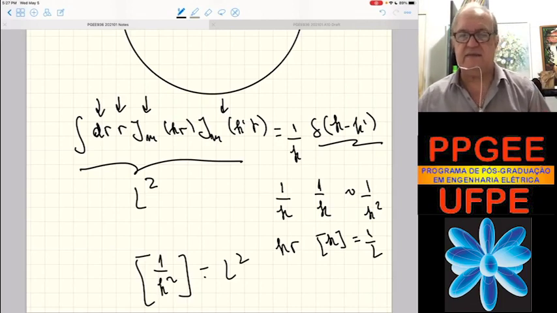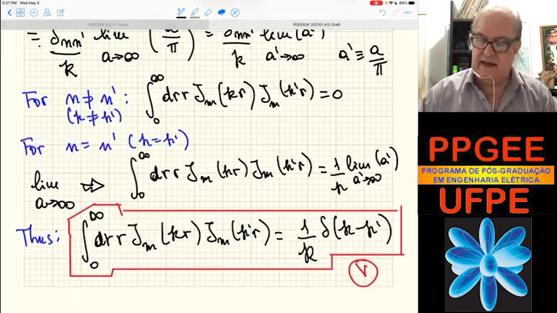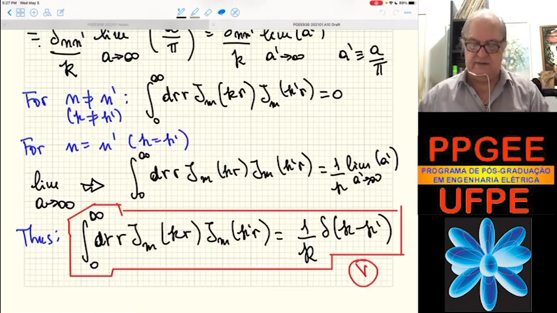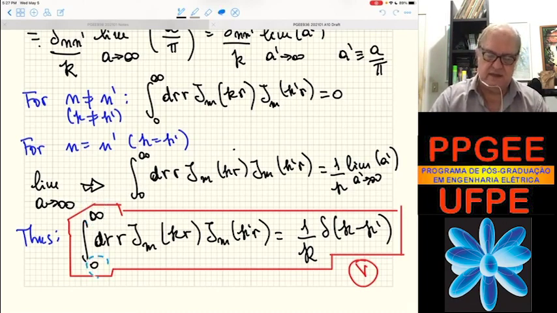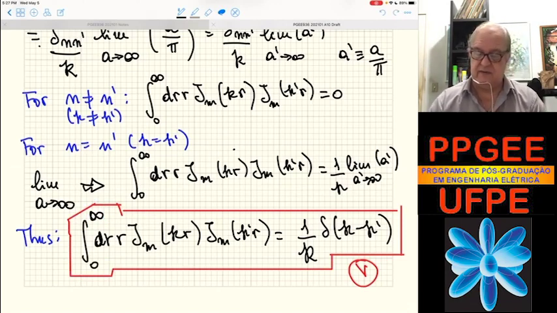So everything is correct. That's an important completeness relation for unbound integration involving two Bessel functions. It's a very nice, very important completeness relation that we are going to employ.